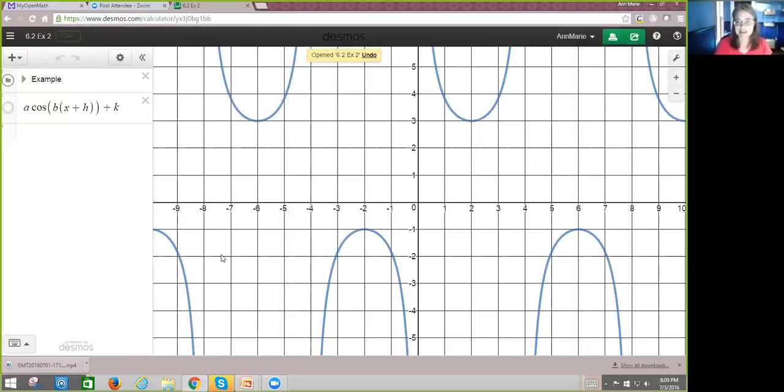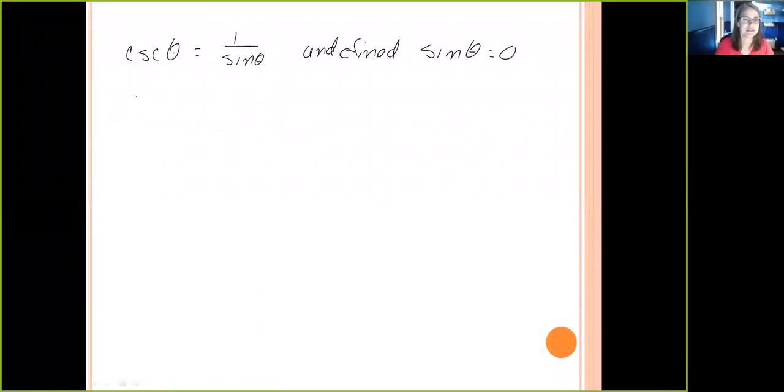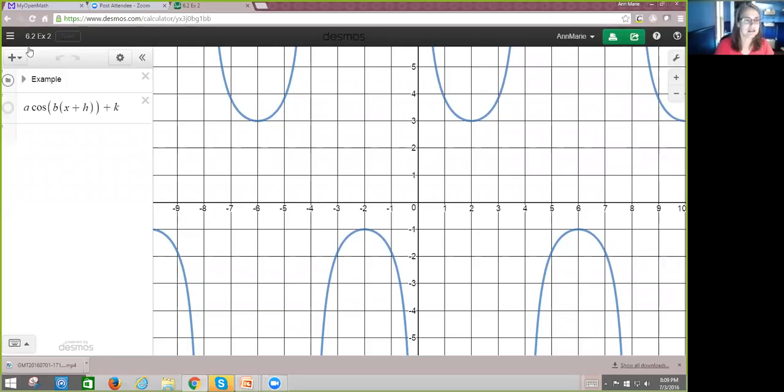And our task is to write the equation that would represent this function. But before we do that, let's take a look at, so this is cosecant, period 2 pi, range. Oh, what was the range on that? Cosecant.